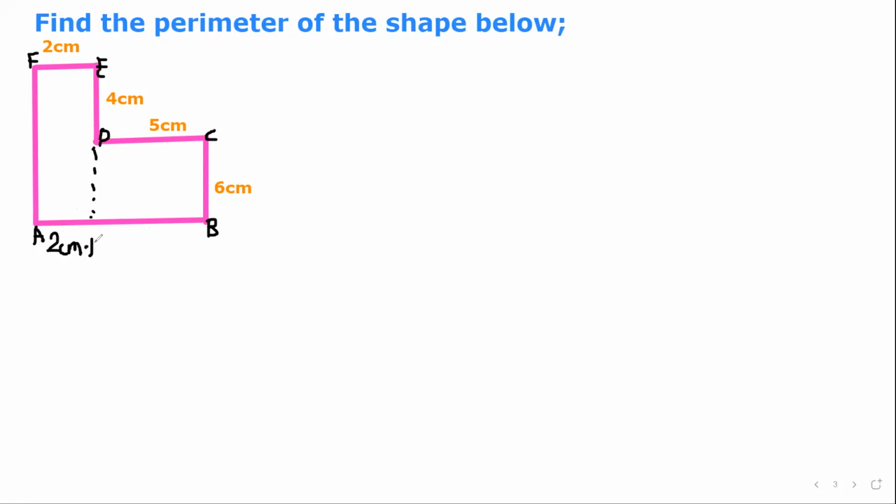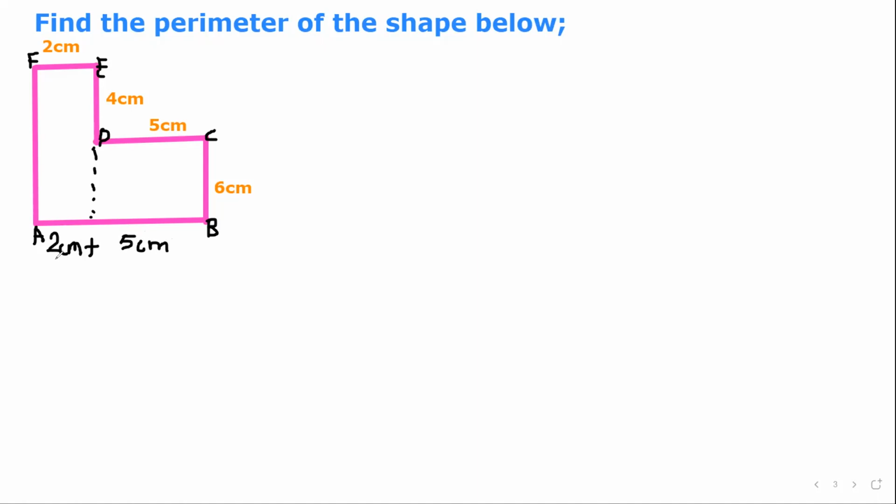Now we are going to use what we know to find what we don't know. So looking at this one here, when you draw a broken line down here, you could see clearly that the line FE will be equal to part of the AB, okay? So here will be the 2 centimeters plus, then you come to the line DC. The line DC here is also 5. When you extend it, the opposite also forms a nice rectangular shape. So the opposite of line DC is also part of line AB. And here is 5 centimeters. Okay, good.